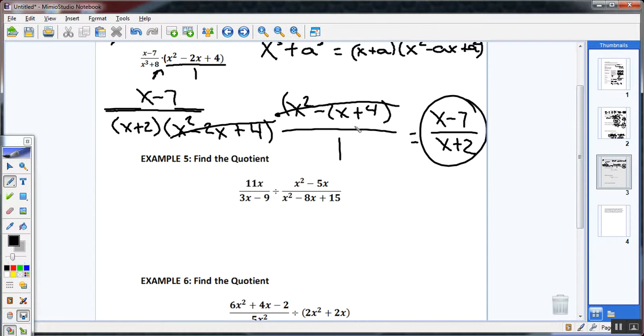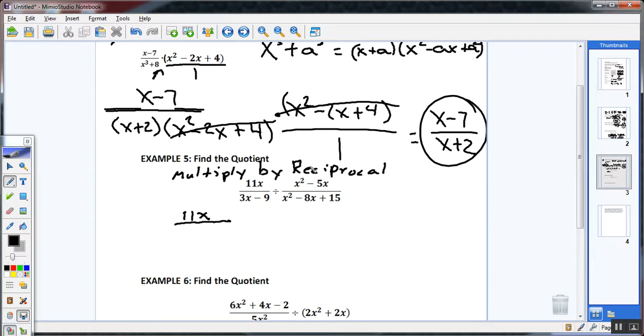All right, so let's try example 5 here. Guys, example 5 says find the what? Quotient. Okay. When you divide by a fraction, it's the same as multiplying by the what? So we're going to do one together, and then I'm going to have you try one. Multiply by the reciprocal. So the left side is going to stay the same. It's going to stay 11x over what, kids?